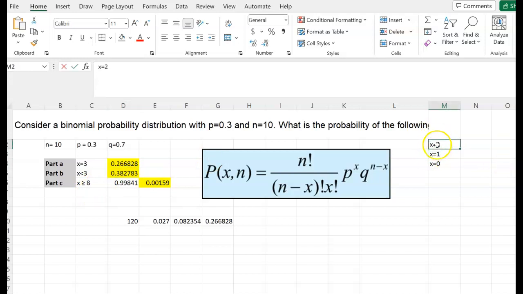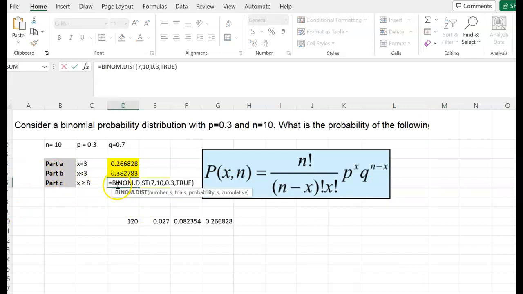Now, greater than or equal to 8. Remember, the cumulative probability covers the less than side of the curve, but we want greater than or equal to 8. So if we find the probability of the other numbers, from 0 to 7, let's do that: 7, 10, 0.3, and true.